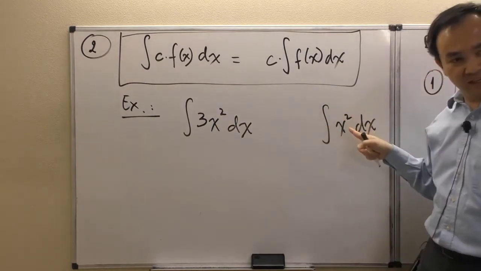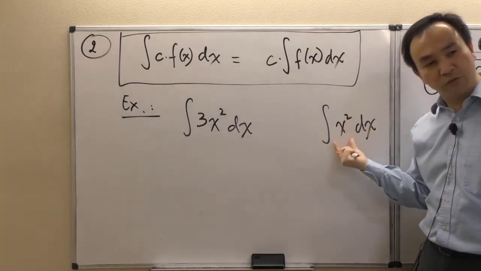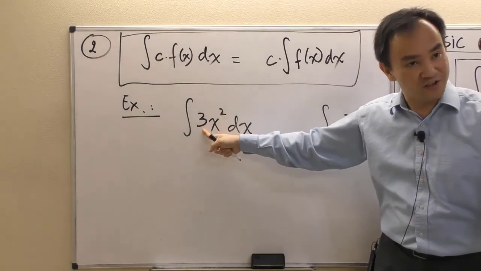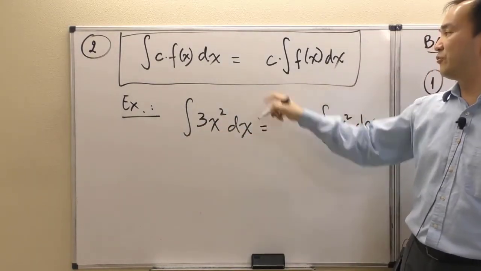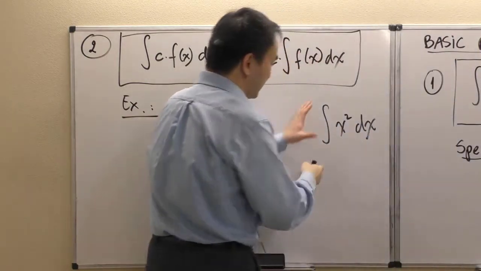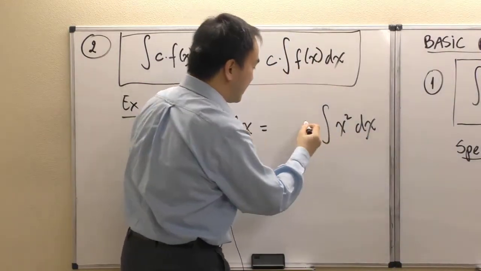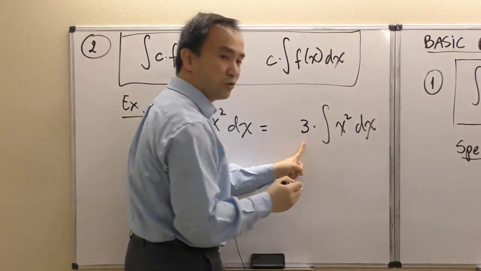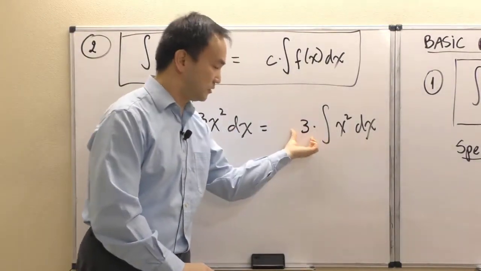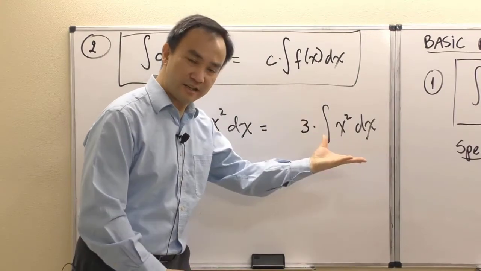On something like this, we have already learned that we can use the power rule. But now it's not simply the power function, it has a coefficient in front. And so the rule we've just learned says that what we can do here is simply take care of that antiderivative and then multiply whatever that is by 3. That's all it is. That's how easy it is.